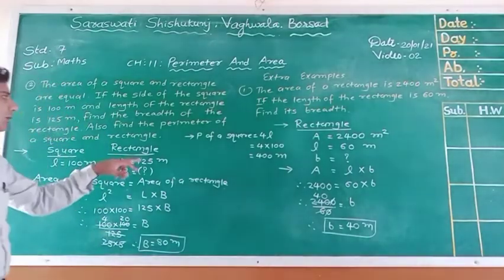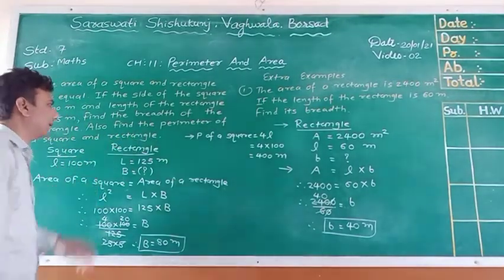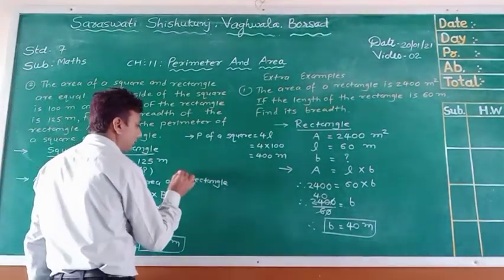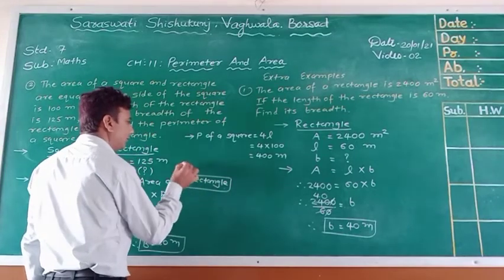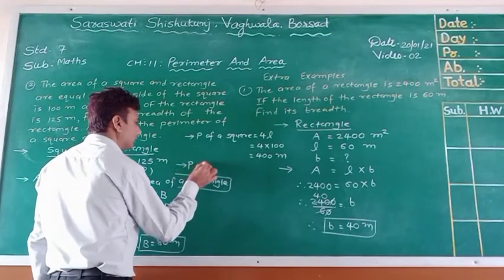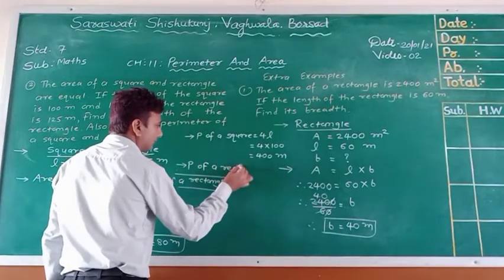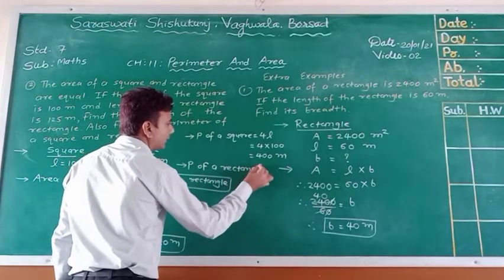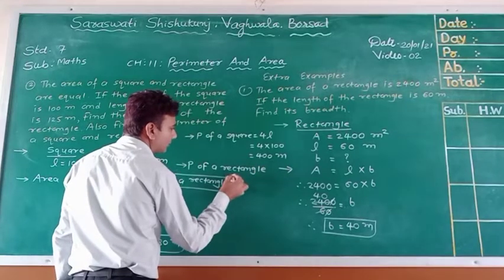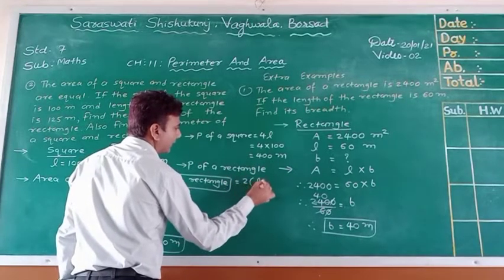Clear? Now we also have to find the perimeter of the rectangle. So simple, we use this formula. P means perimeter. The perimeter of a rectangle equal to 2 in bracket L plus B.